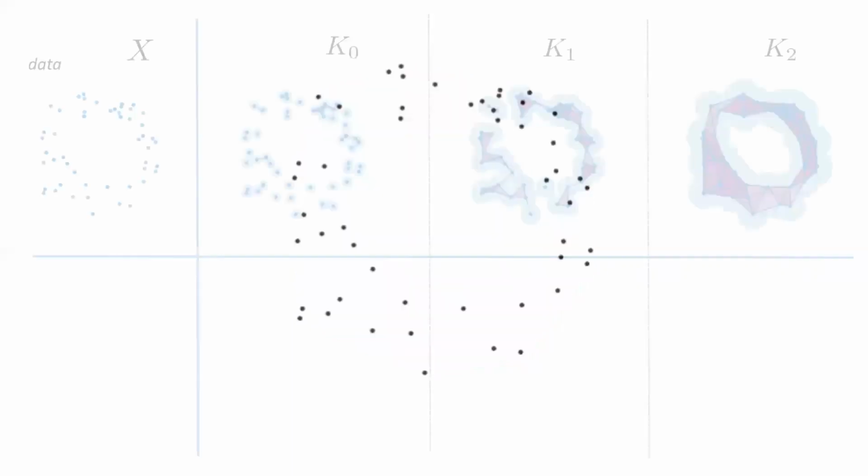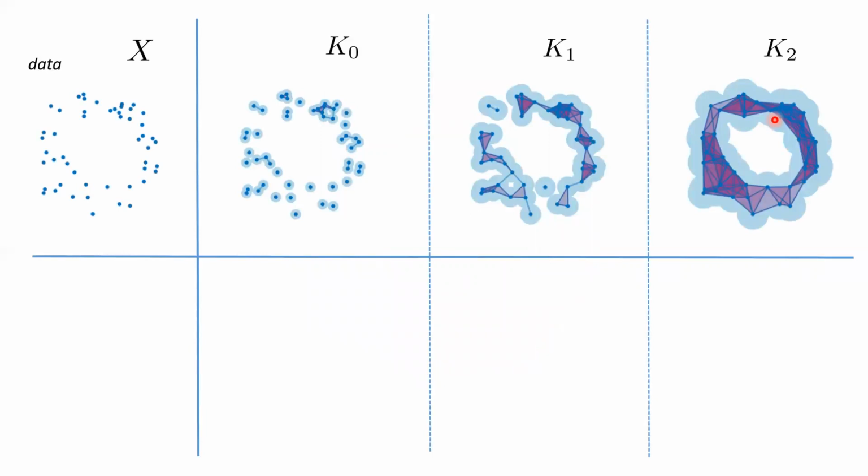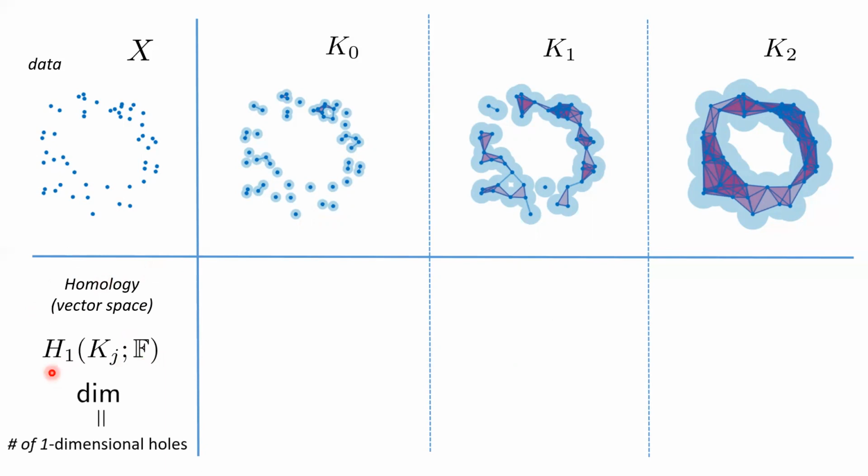So the multi-scale picture that emerges is that we have our data set, and we're approximating it by simplicial complexes at different scales. And as before, we can compute topological descriptors of it. For example, we can compute the first homology of the simplicial complexes, but now we're going to do it over a field F. And just to remind ourselves, this is a vector space, and its dimension captures the number of one-dimensional holes in the space.